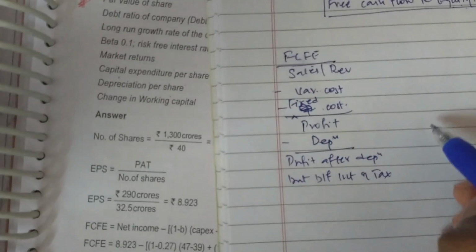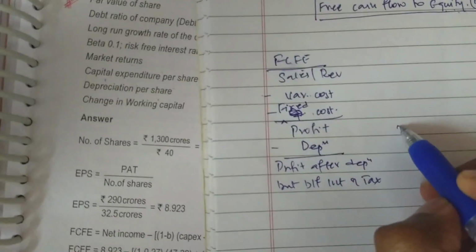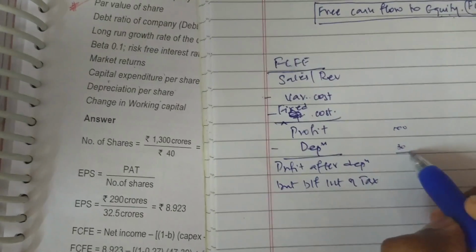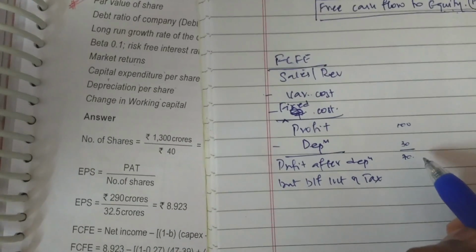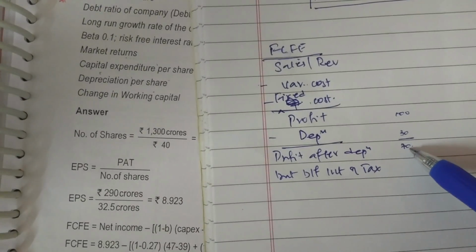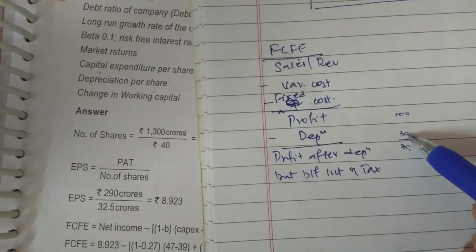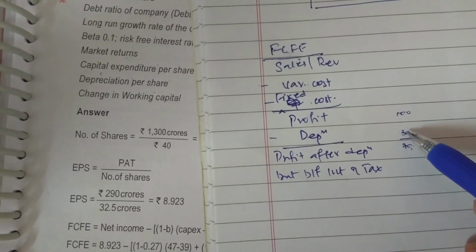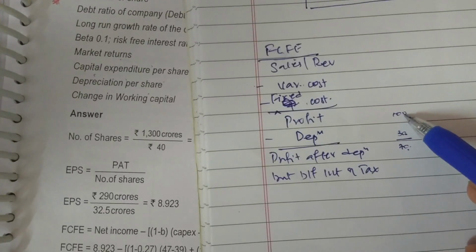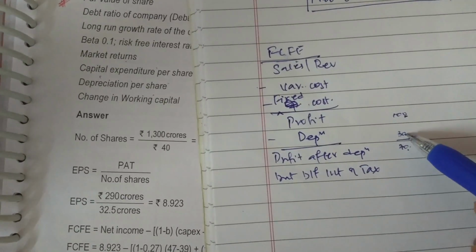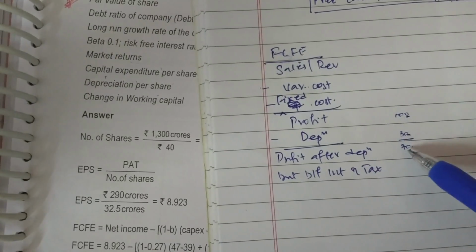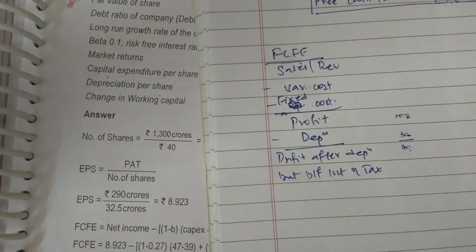See, if you had 100 rupees of profit and a 30 rupee depreciation, that means you have a 70 rupee profit after depreciation. Now, if you are paying tax, you are only required to pay tax on 70. You are not required to pay tax on the 30. That is, if you had not reduced the depreciation, you would have paid tax on 100, which was not required. Since depreciation is a tax deductible item, once you reduce depreciation, you are only required to pay tax on your 70. So that's the logic of it.